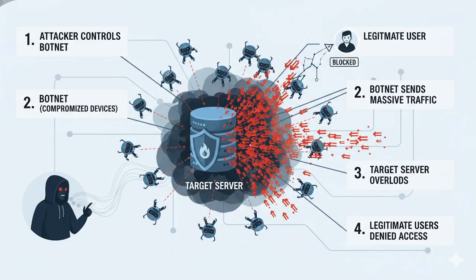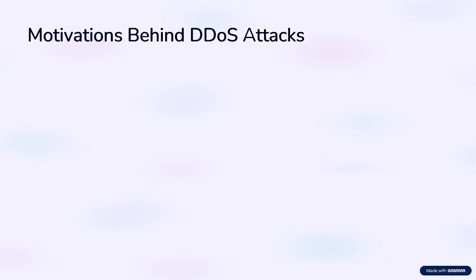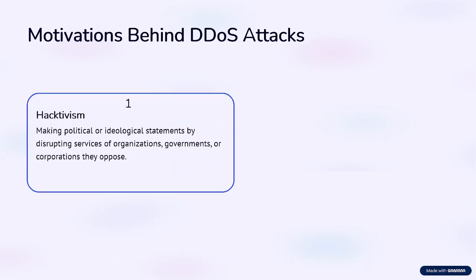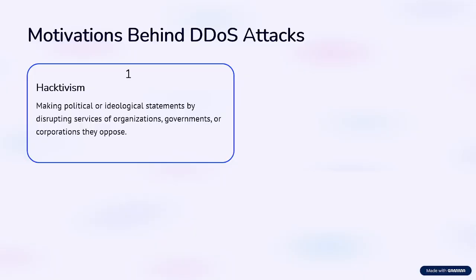Now let's see what the motivations of attackers behind these DDoS attacks are. Understanding why these attacks occur is crucial for effective prevention and response. There are primarily 4 categories of motivation, each with distinct characteristics.